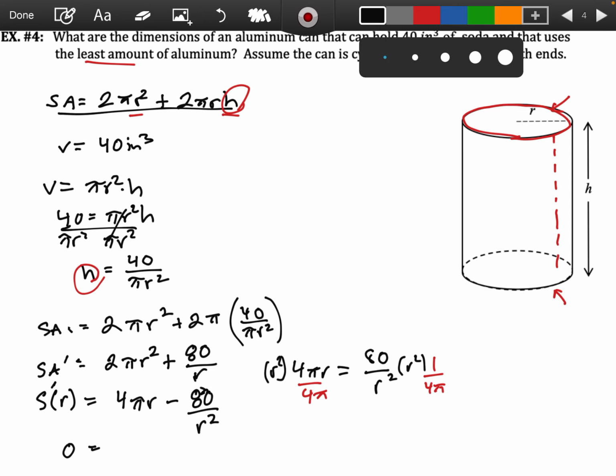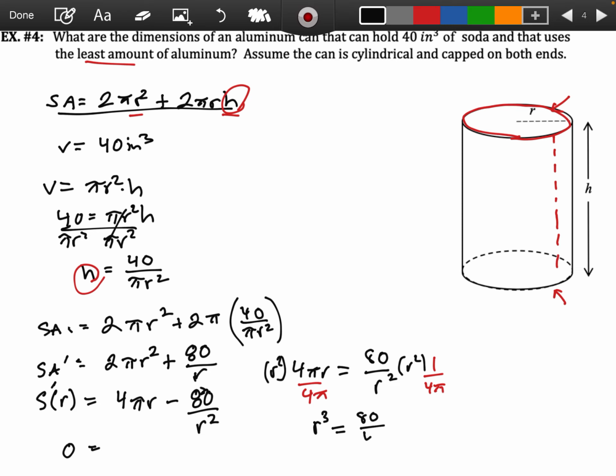But if you were to do that, you're going to be left with r cubed is equal to 80 over 4 pi. And that's a number, okay? That's a number. You can plug it in your calculator. And I have to take the cube root of it to really get r.